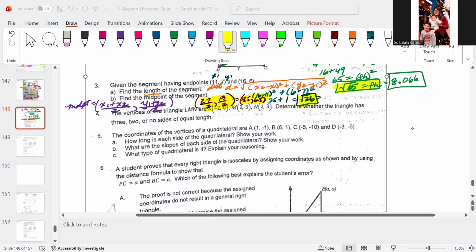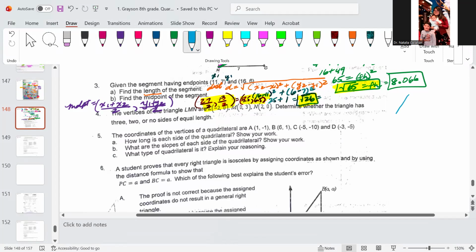Okay, number 4. Read, please. What are we trying to find? The vertices of the triangle LMN are given. Determine whether the triangle has 3, 2, or no sides of equal length. Okay, so we have 3 points, right? Yes. So I'm going to label it on the triangle. So L, M, N, right? So (-2, 0), (0, 3), and (2, 0), right?